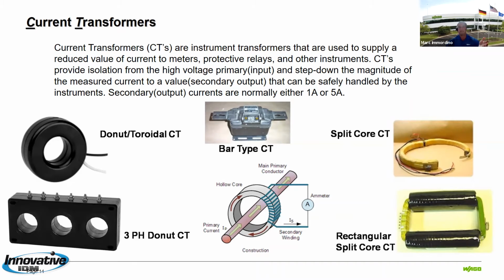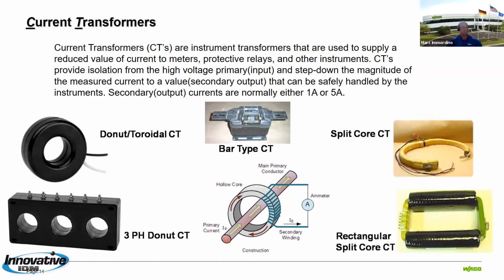They provide isolation from the high voltage on the primary side and step the measured current down to a value on the secondary side that can be handled safely by the instruments and the maintenance people. And these secondary output currents are normally either 0 to 1 or 0 to 5 amps for the device.